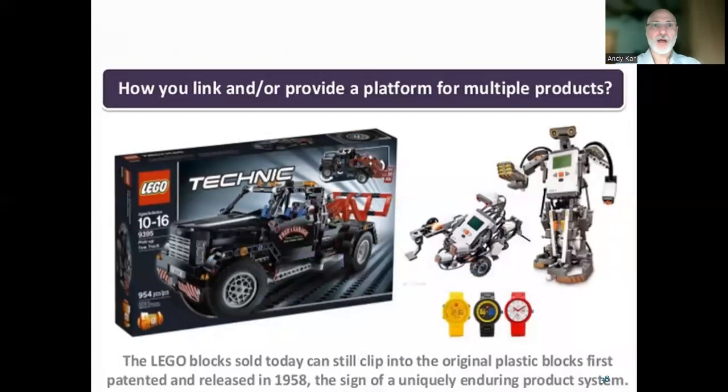How you link and or provide a platform for multiple products. The Lego blocks sold today can still click into the original plastic blocks first patented and released in 1958, the sign of a uniquely enduring product system.